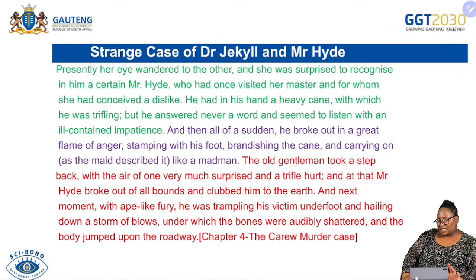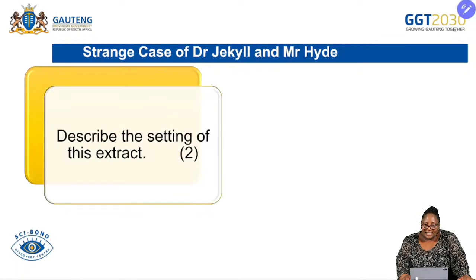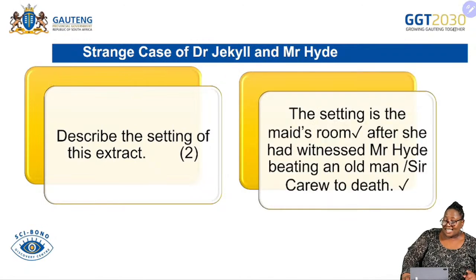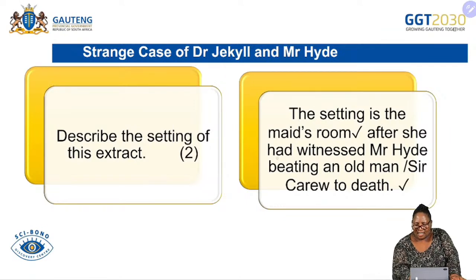This is an extract from chapter 4, the Carew murder case. Same question as in Cry the Beloved Country: describe the setting of this extract. Where is it set? It is in the maid's room. And then what happened earlier? After she had witnessed Mr. Hyde beating an old man.